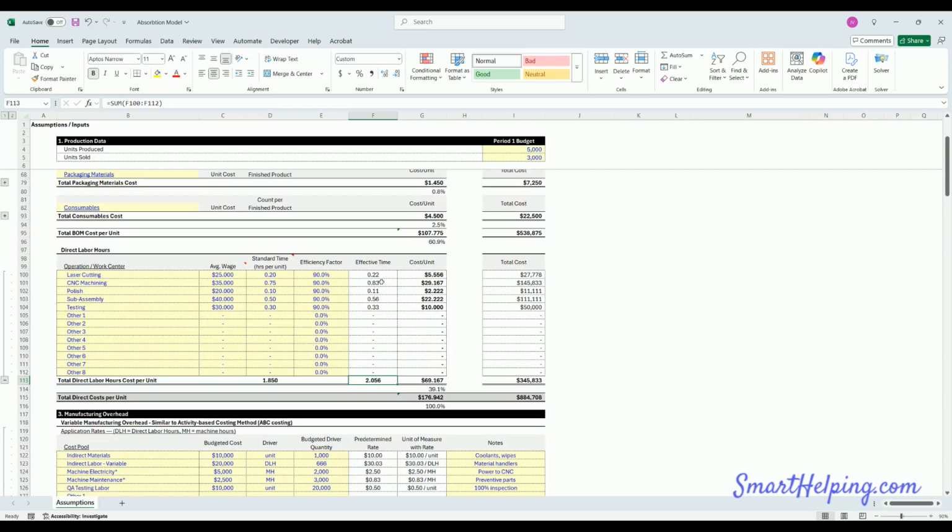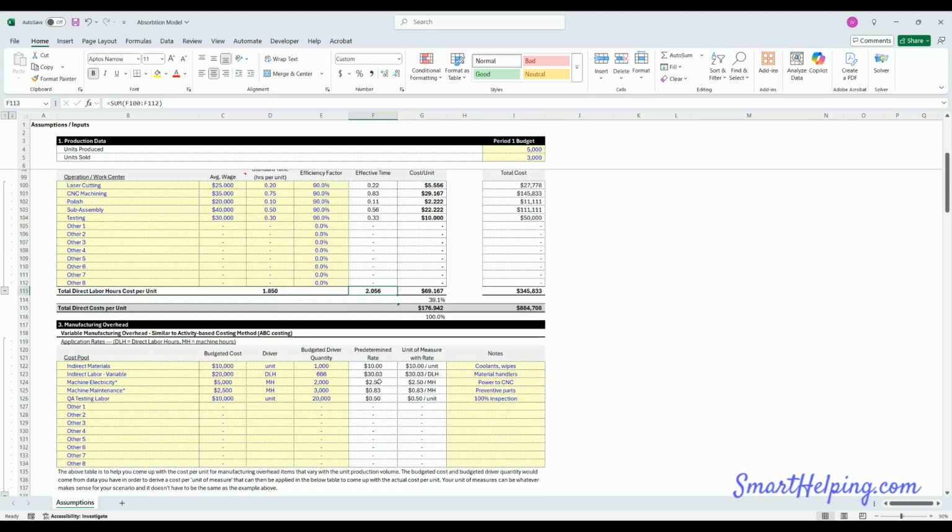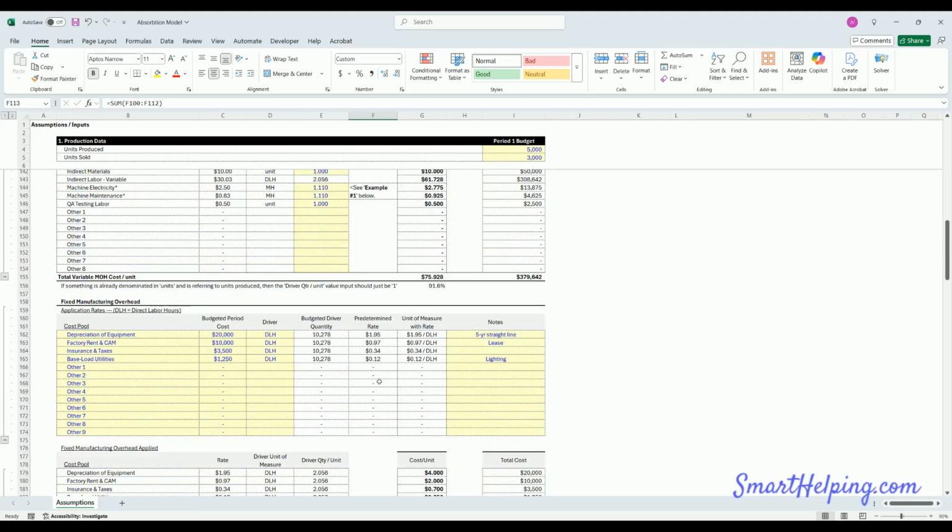So we know for every 1 unit, it takes 2.056 direct labor hours. And then we go down here and say, okay, if depreciation costs $20,000 in the period, our driver is direct labor hours, our budgeted driver quantity. So this says how many direct labor hours happened in this period.